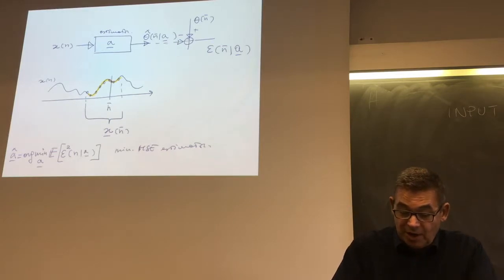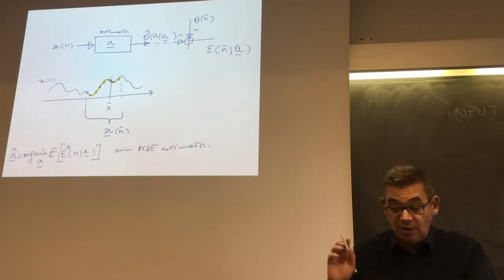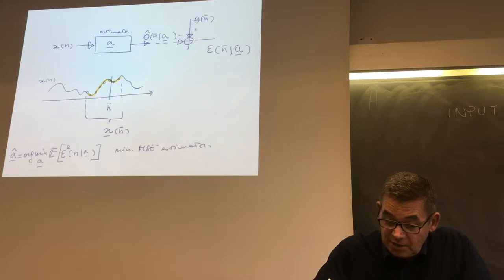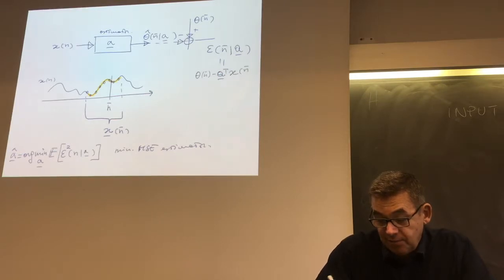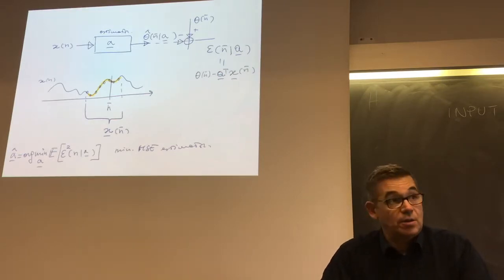Now let's rewrite the error. We know that the error is equal to theta n naught minus A transpose x n naught. Okay, this is the error.